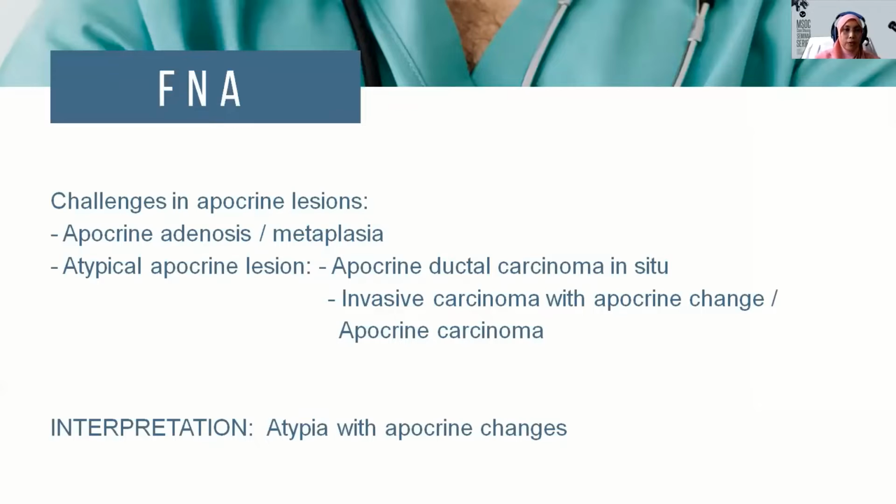So there are challenges to diagnose apocrine lesions in smears. It might include apocrine adenosis or metaplasia, and also atypical apocrine lesions like apocrine ductal carcinoma in situ, invasive carcinoma with apocrine change or apocrine carcinoma. So the reporting pathologist ended up giving the interpretation as atypia with apocrine changes.